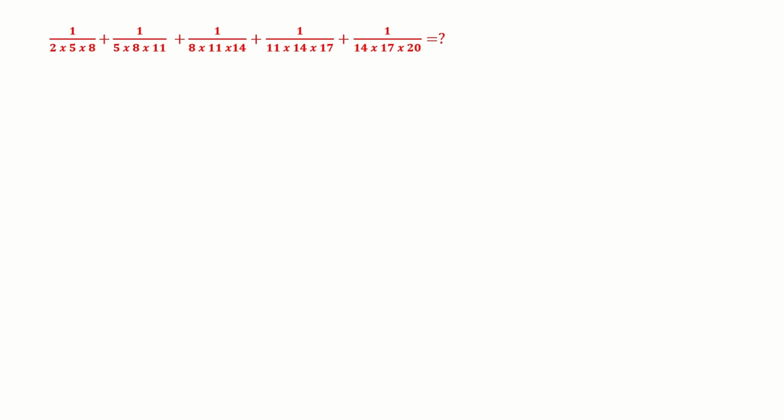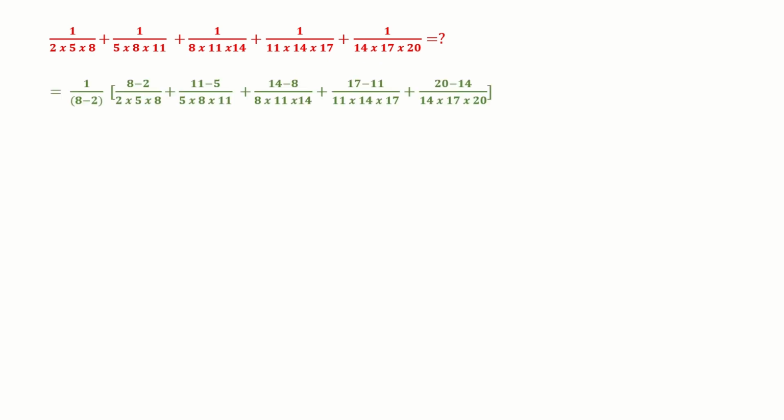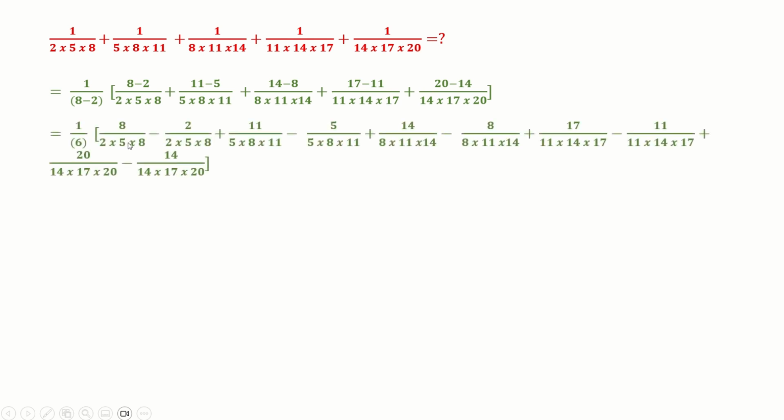So to solve these problems, the general method is simple. Obviously, you will do 1 by 8 minus 2, or 1 by the difference, that is 6. And you will split each term with this difference, 6. That is 8 minus 2, 11 minus 5, like this you will write. Okay. Now you expand it.